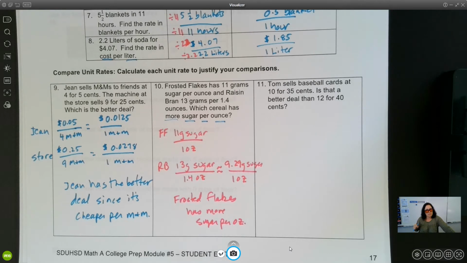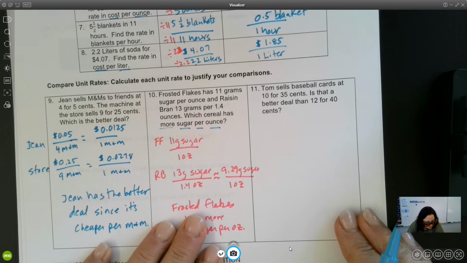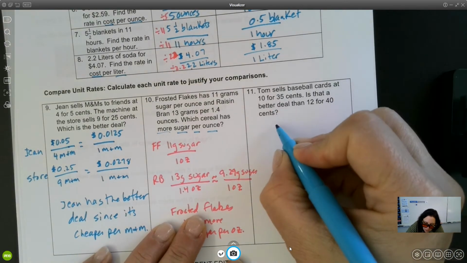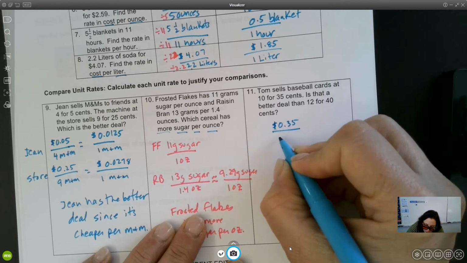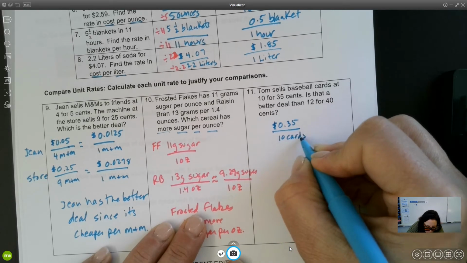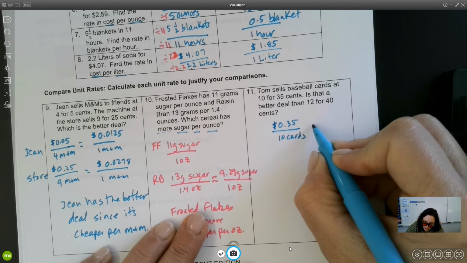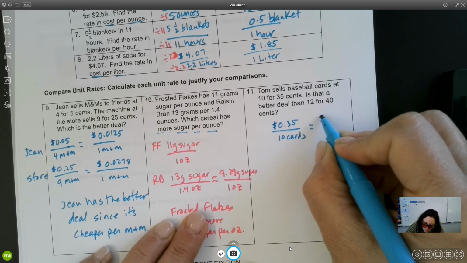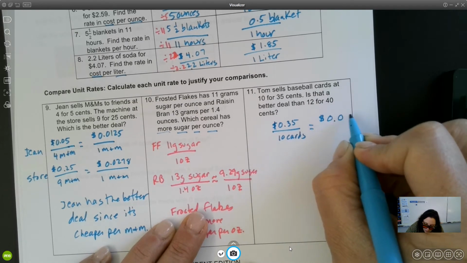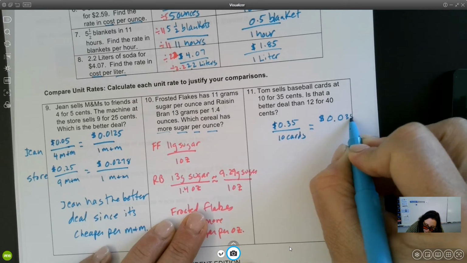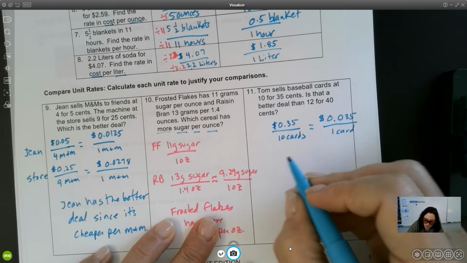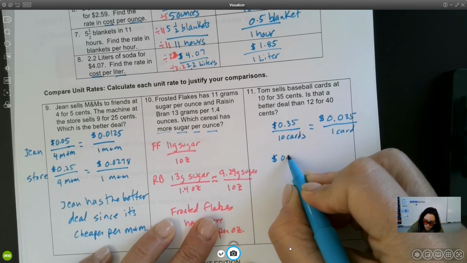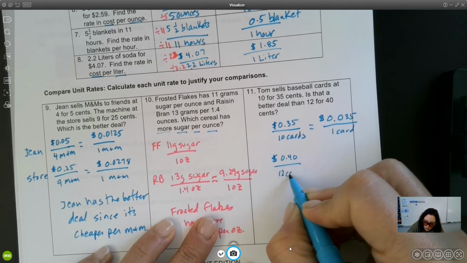Be careful about that. So I'm going to go ahead and do 35 cents for 10 cards. That's going to get me 0.035 cents for one card. The other deal was 40 cents for 12 cards.